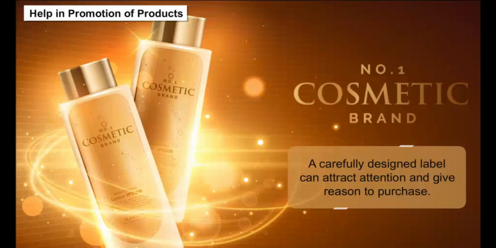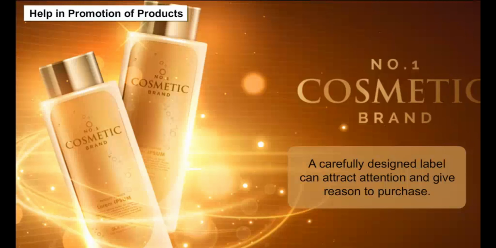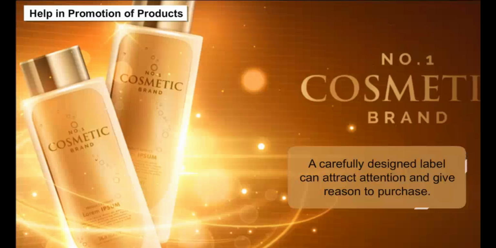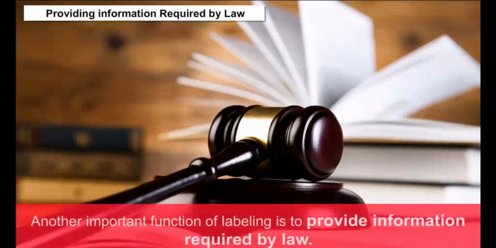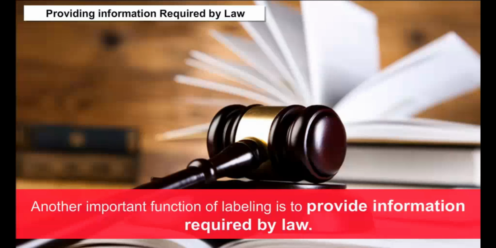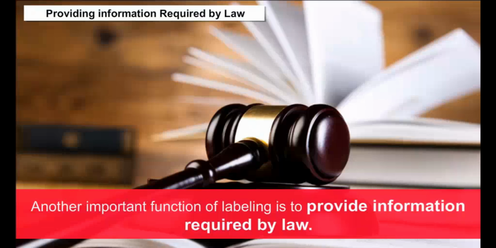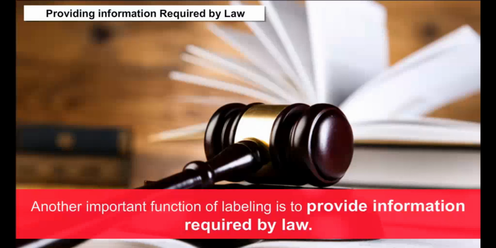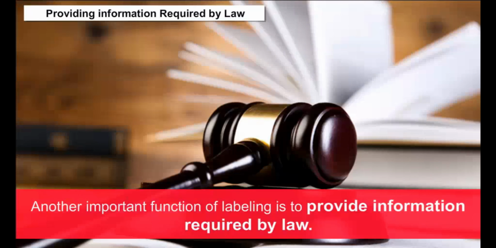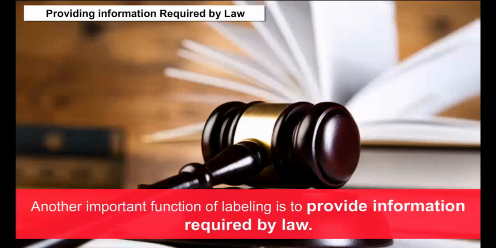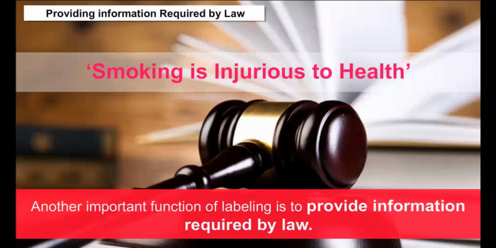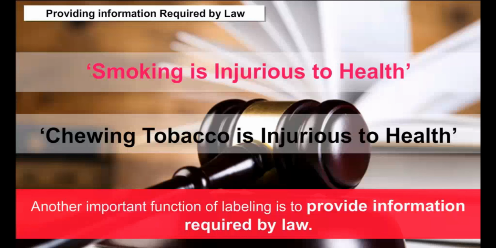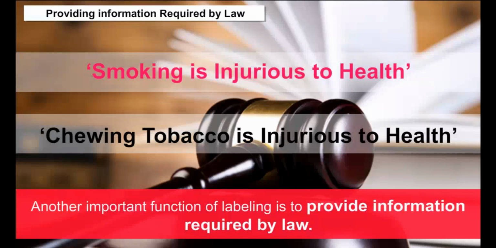A carefully designed label can attract attention and give reason to purchase. Providing information required by law. Another important function of labeling is to provide information required by law. For example, the statutory warning on the package of cigarettes or pan masala: smoking is injurious to health, or chewing tobacco is injurious to health.